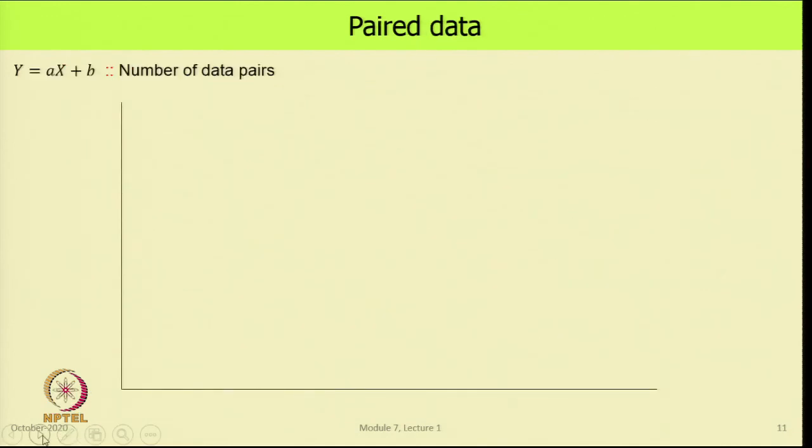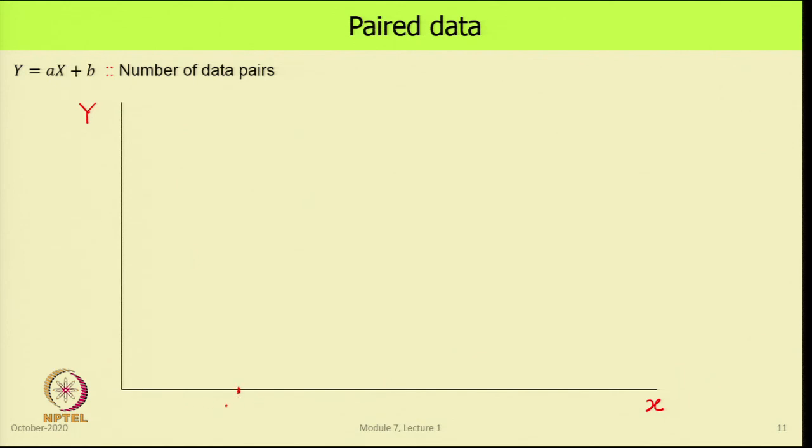First, what is the idea of having what we call paired data? And what we plot here is values of x here and y. From the same experiment, we picked out these data and we plotted them here.